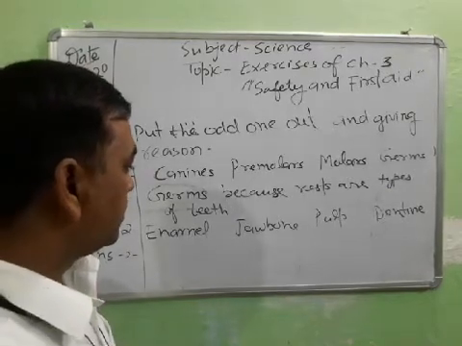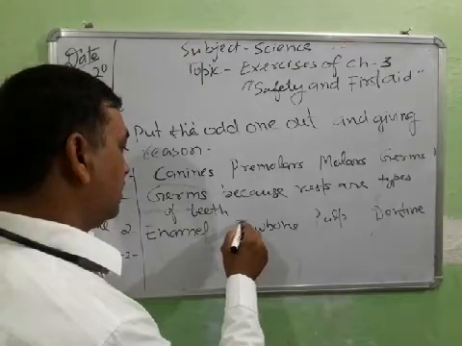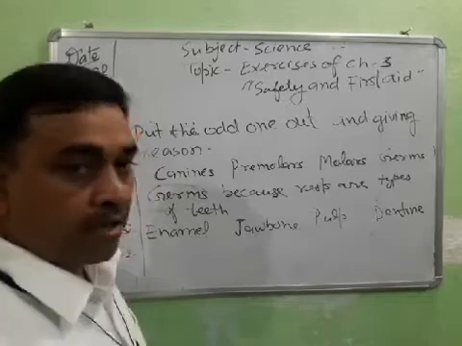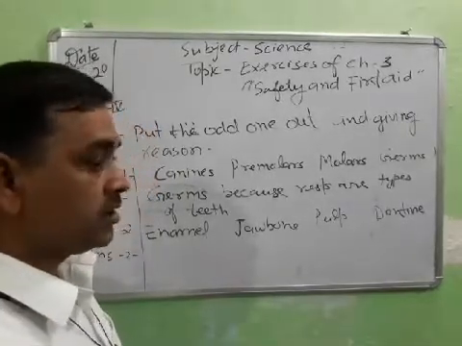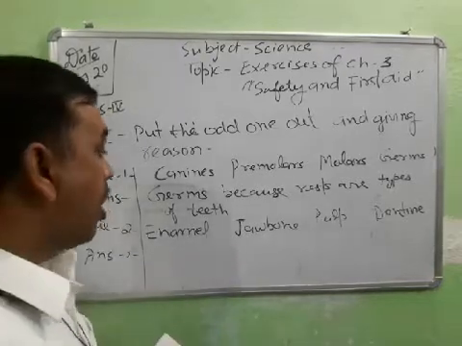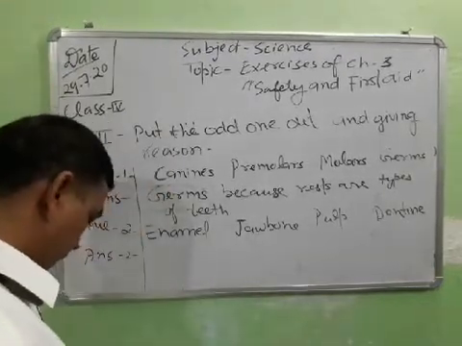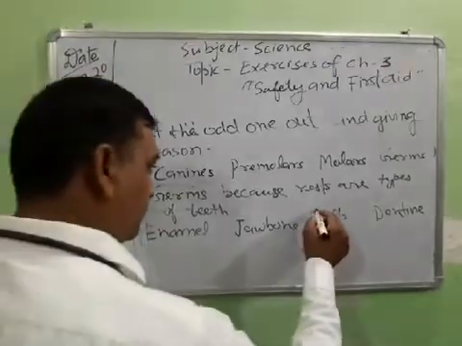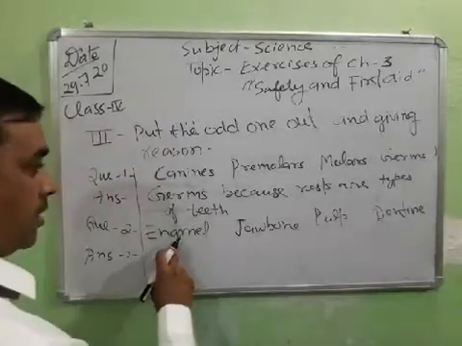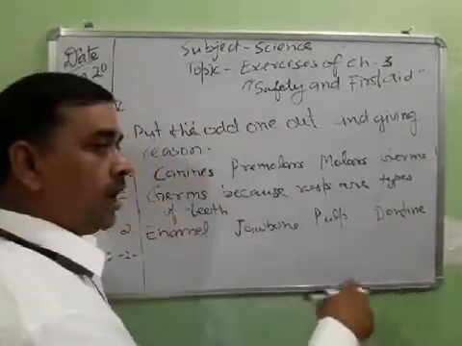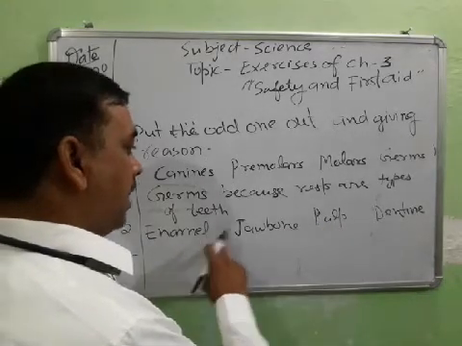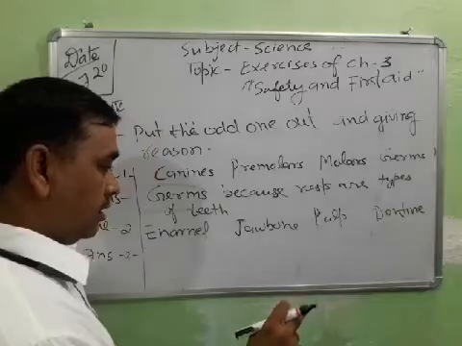So student, jawbone, enamel, pulp and dentine are parts of the tooth, where the jawbone is situated in the gums. So your odd one will be... enamel is the outer part, and dentine is between the pulp and enamel, below the enamel.